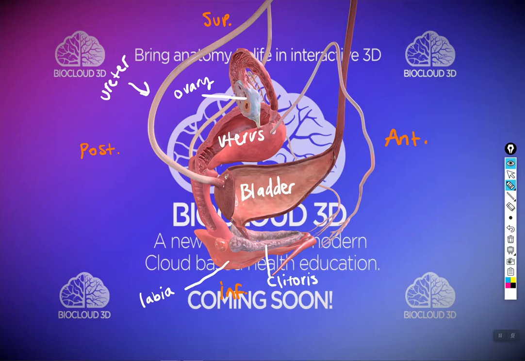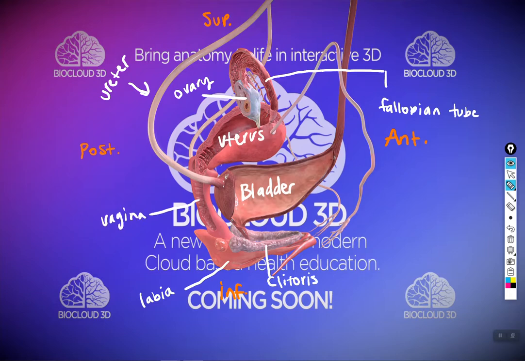But that's just a working overview. Let's add in, of course, the fallopian tube right there. Okay, so that's a basic overview of what is what in this really nice detailed 3D model. Oh, and then here we have the vagina.